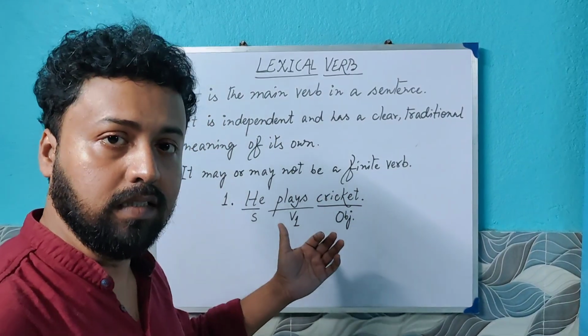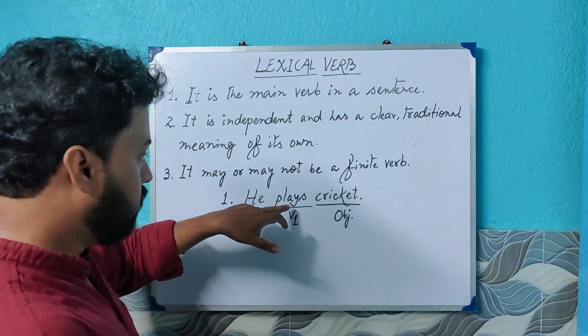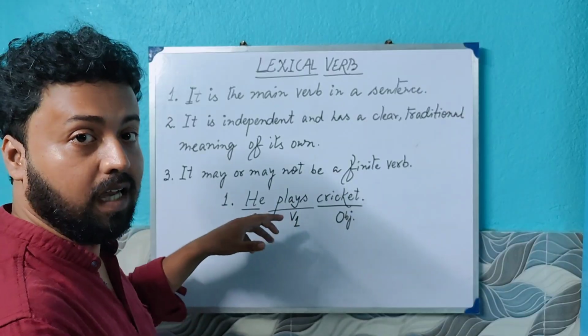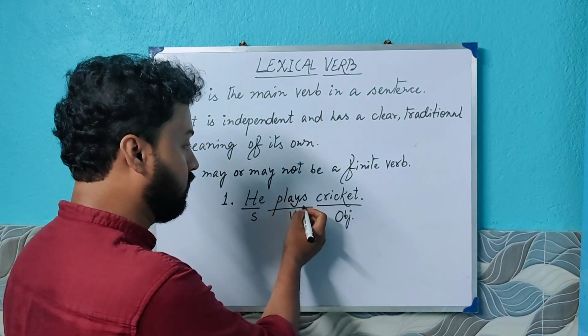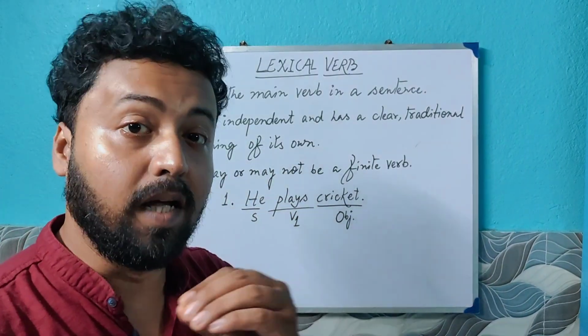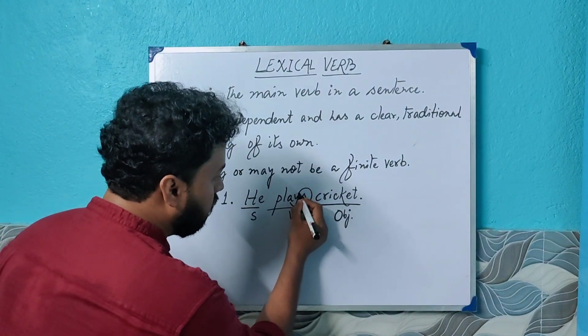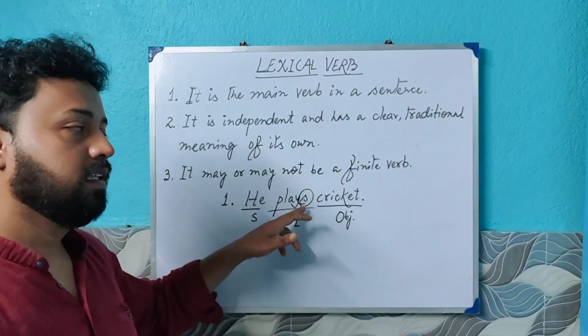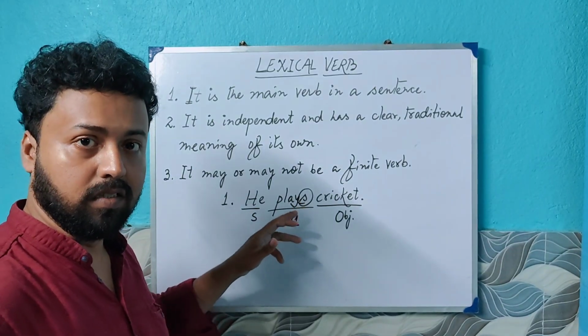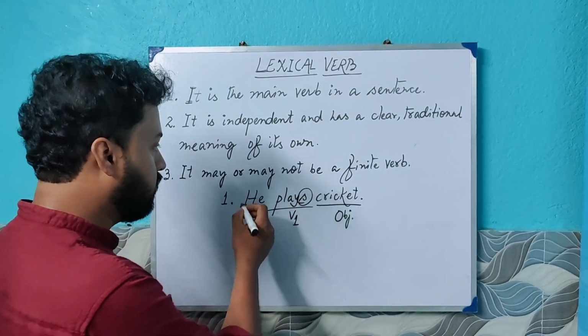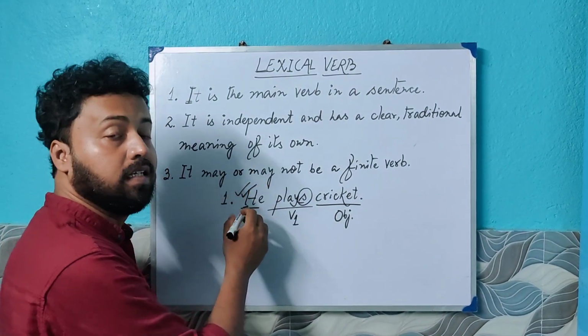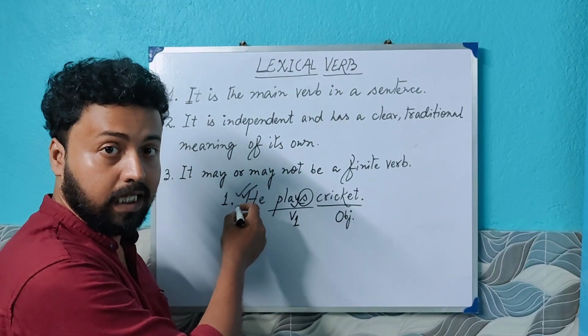So in this sentence, plays shows the tense, that the sentence is in simple present, and also shows the number of the subject. See, we have added an S after the verb play. It means the subject is a third person singular. It is a he.